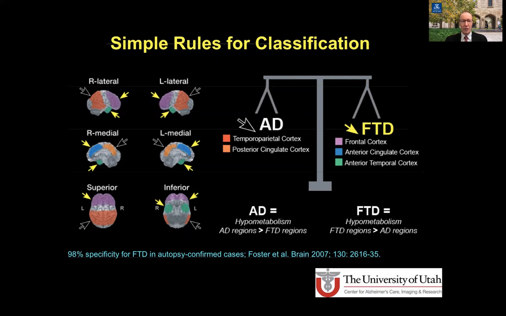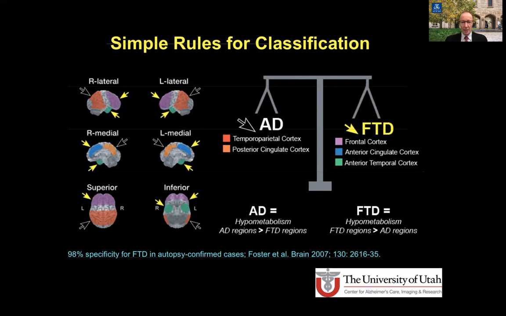The pivot point is at the inferior mid part of the brain. And if on the 3D surface display, such as Neurostat, most of the abnormality is anterior, so frontal or anterior temporal lobe, it tips that way, and you make the diagnosis of frontotemporal dementia. If most of the 3D-SSP display is posterior, it tips that way, and you call it Alzheimer's disease.